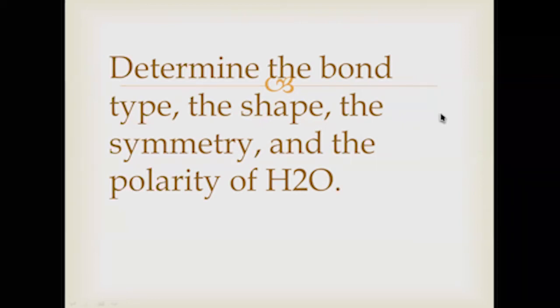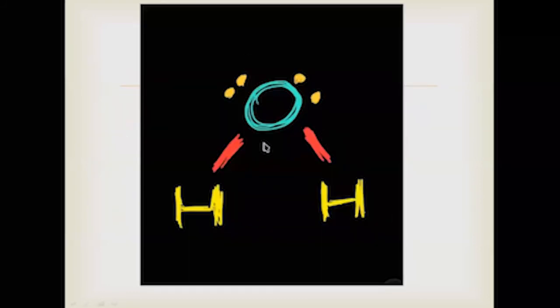Now we should determine the shape of this compound. So we will follow the same steps as the previous question. We will draw a Lewis diagram for H2O, which is like this, and the central atom will be oxygen, surrounded by four electron domains.